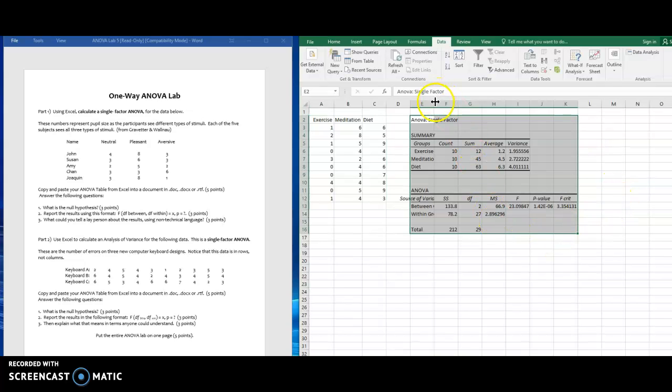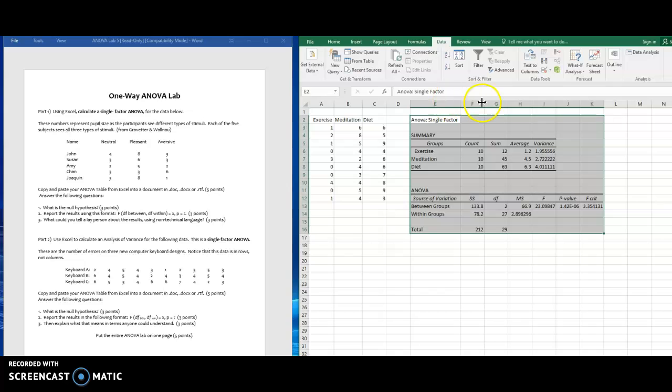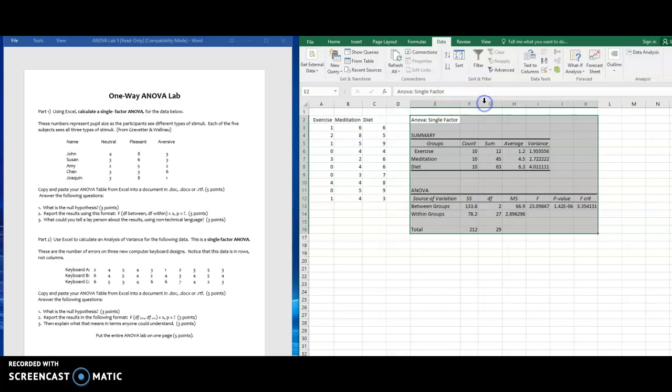All right, now isn't that so much easier than when we do it all by hand? Let's see, can I see all the numbers? Yep, there we go. All right, so now what do I have here? Here's my ANOVA table. I've got my between group sum of squares, and I take that number and divide it by my degrees of freedom between, and I get my mean squares between.